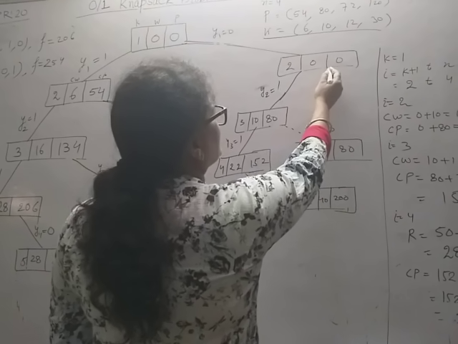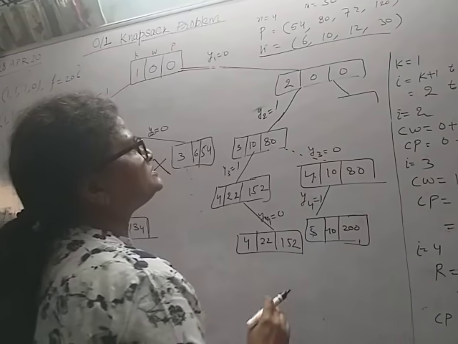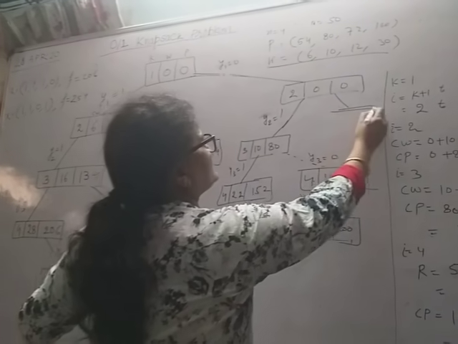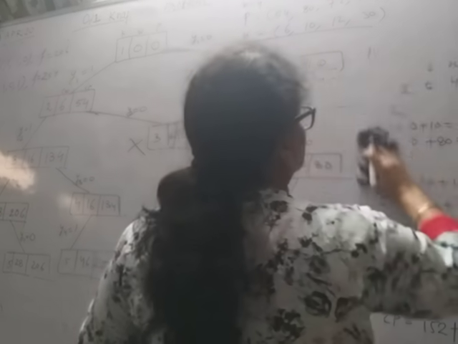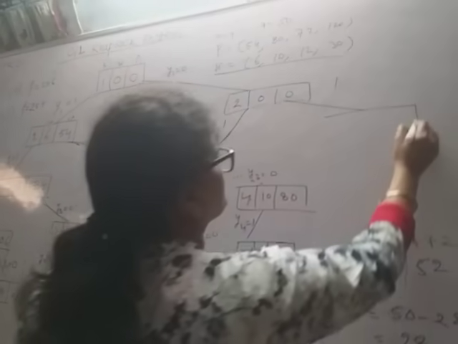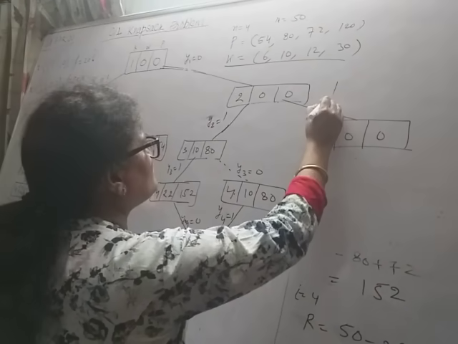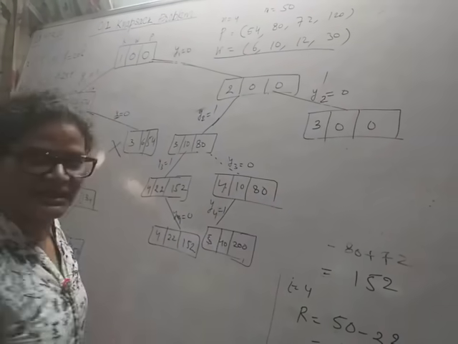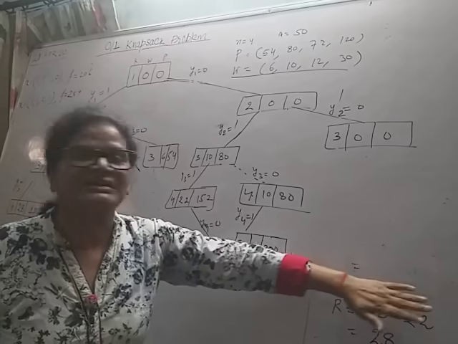Come here. If we consider y2 equal to 0, that is 3, 0, 0. Again, see whether to move in this direction and whether we will get a better solution or not.